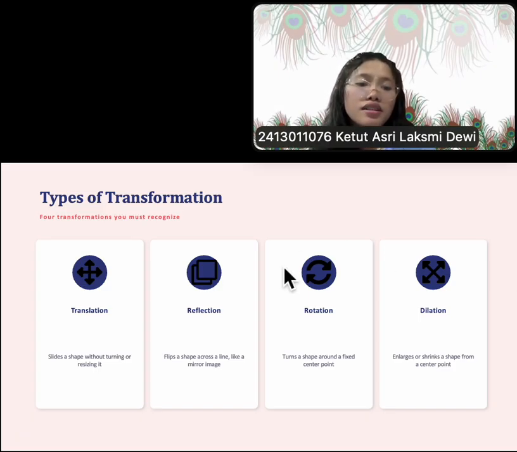The third is rotation, which turns a shape around a fixed center point. And the fourth is dilation, which enlarges or shrinks a shape from a center point. Understanding these four types will help you to recognize transformation more easily in different mathematics problems.